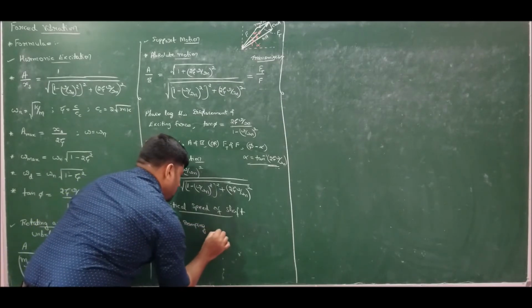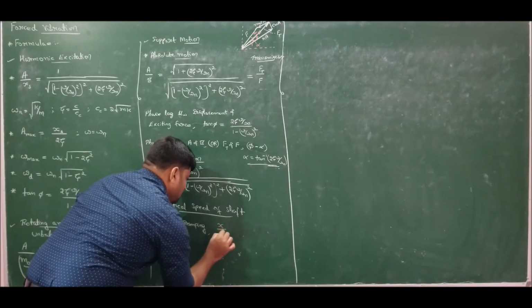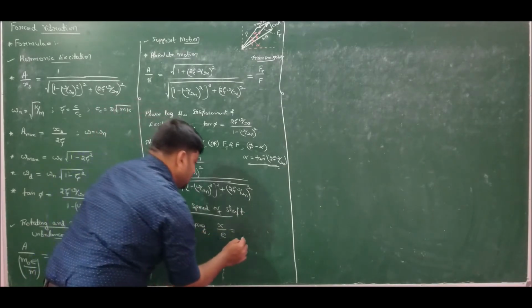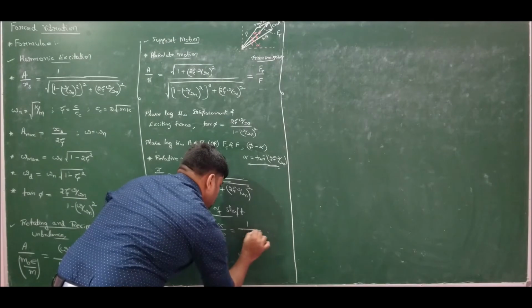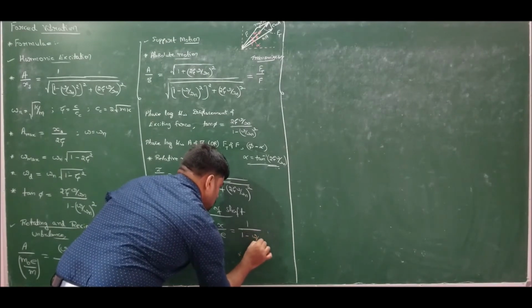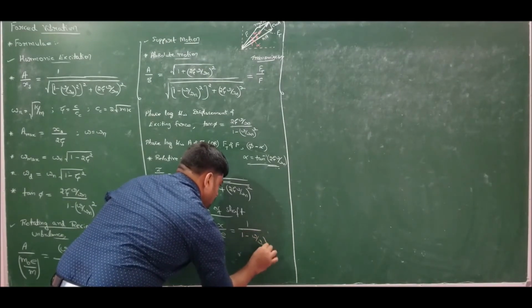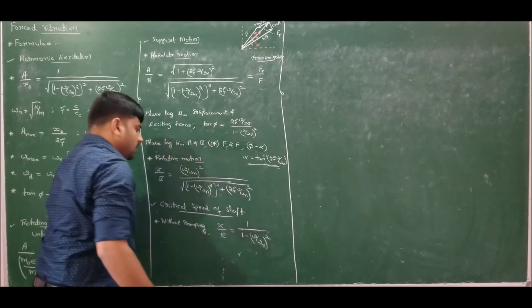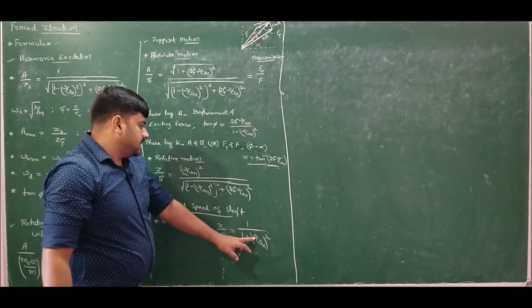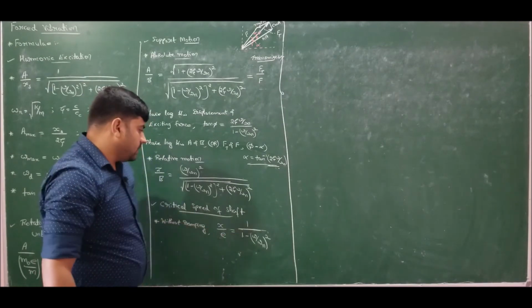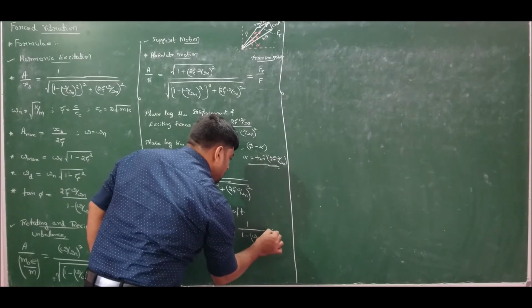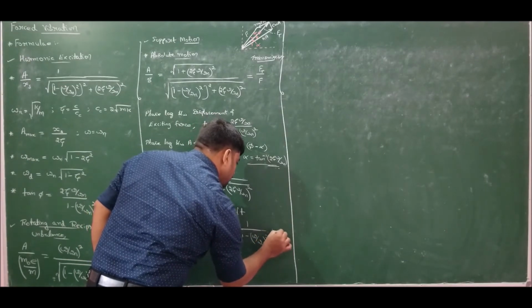For without damping, we have x by e, deflection by eccentricity, given by 1 divided by 1 minus omega by omega n whole square, where omega is the excitation frequency and omega n is the natural frequency.